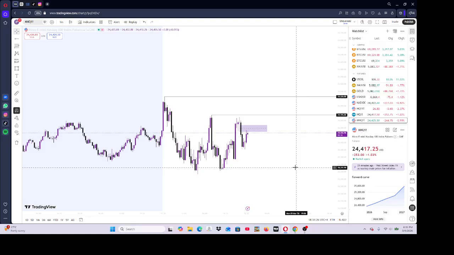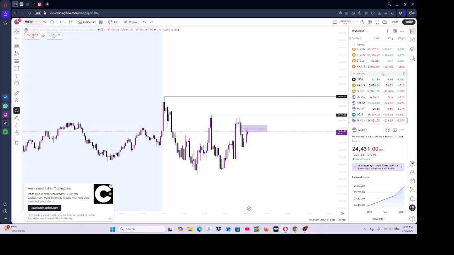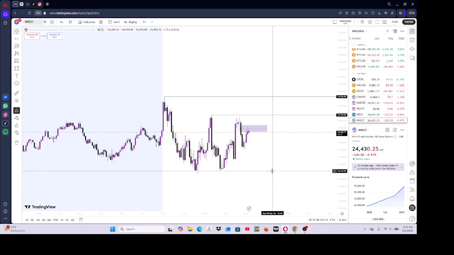Have to wait for the clear move. Didn't inverse this gap. Wait a second.